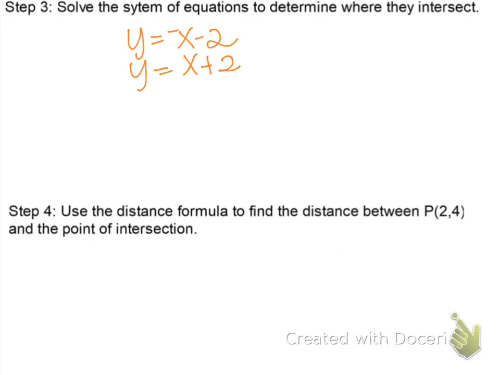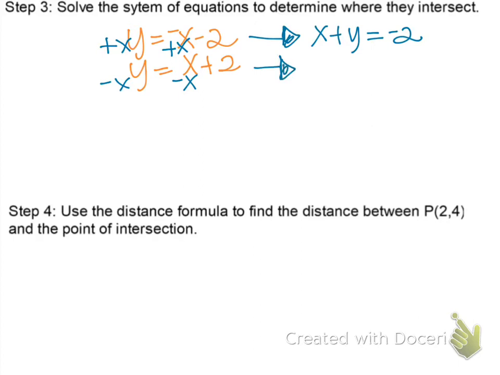To do elimination, we need our x and y to be on the same side. So I am going to add this x in the first equation, so that equation now would be x plus y equals -2. In the second equation, I would need to subtract this x to move it over, and that would get me -x plus y equals 2.